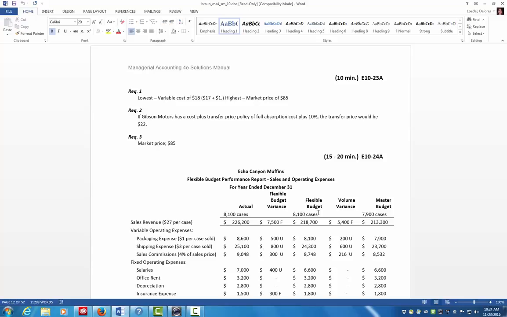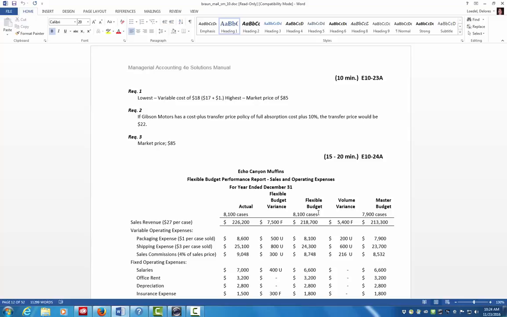So the lowest would just be their variable costs. The variable costs being given as direct material of $17 and conversion costs of $1 per tire. So total of $18.